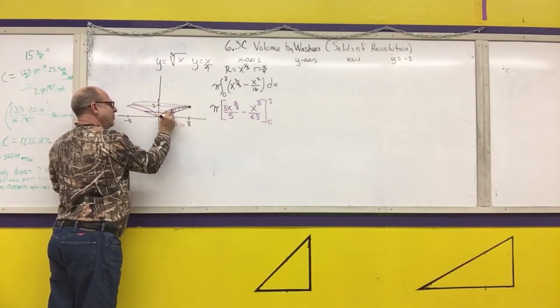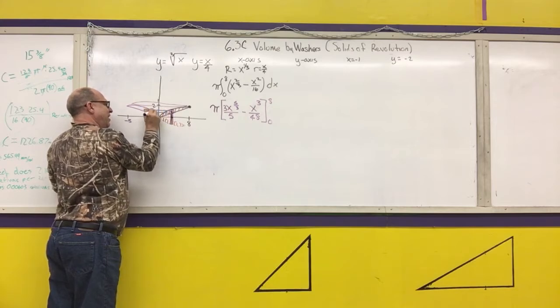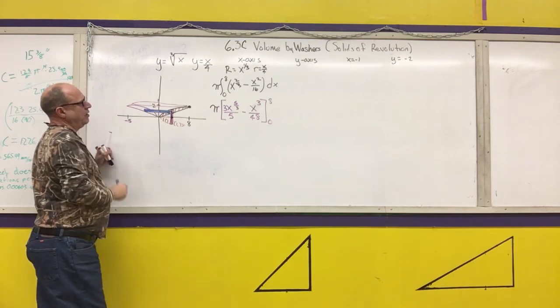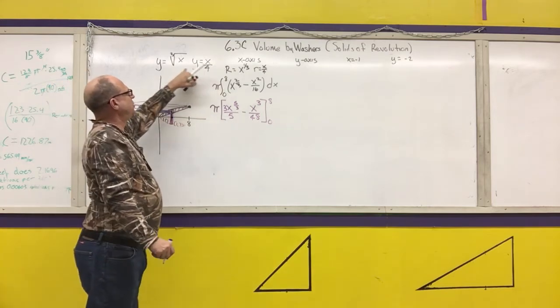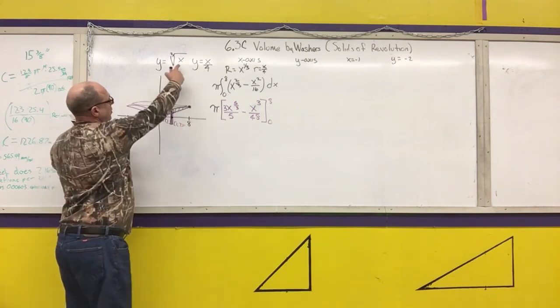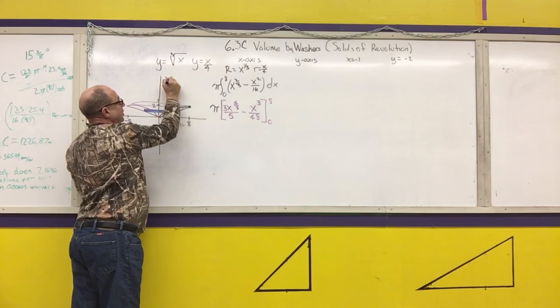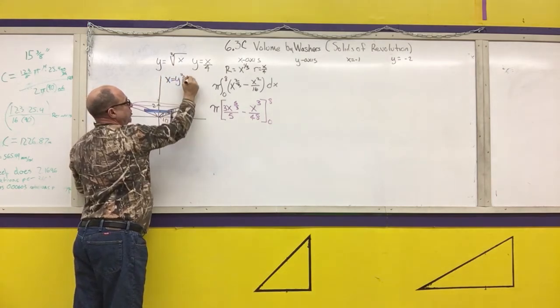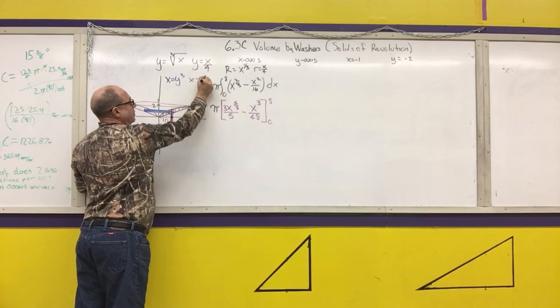Notice this time I'm making my slice here, so I'm going to have to go between 0 and 2 on y, which means both of these equations have to be written with x equals. So this one is going to be x is equal to y cubed. This one is x is equal to 4y.